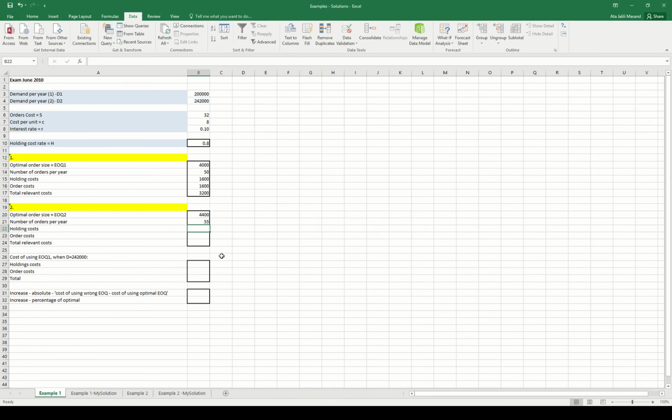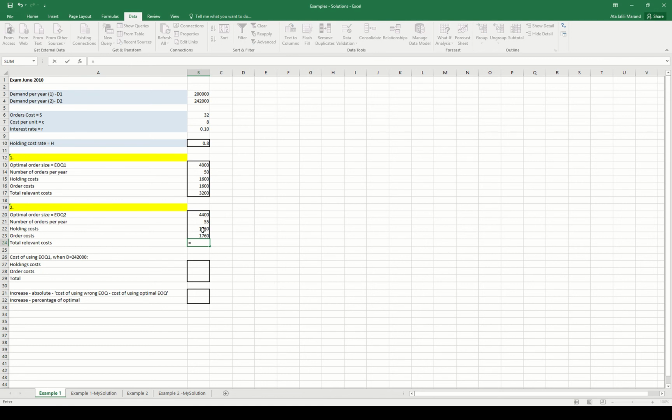And then holding cost is simply the average inventory, which is Q over 2, multiplied by inventory holding cost. And then we have ordering cost, which is equal to the number of orders that we make per year multiplied by the ordering cost per order, which will give us 1,760 for both holding cost and ordering cost.